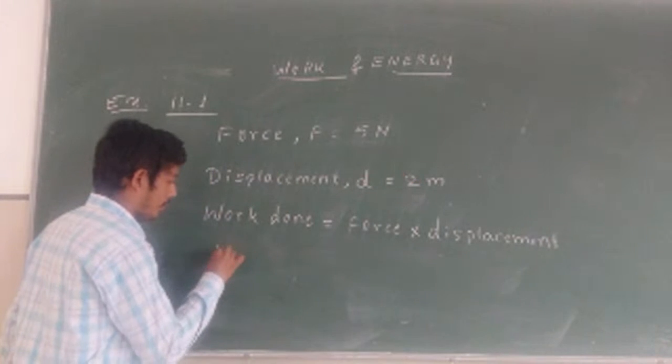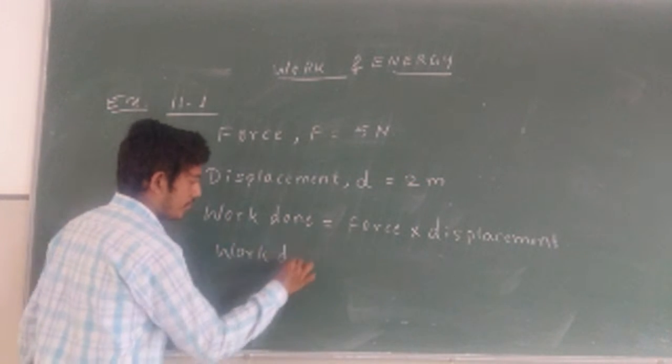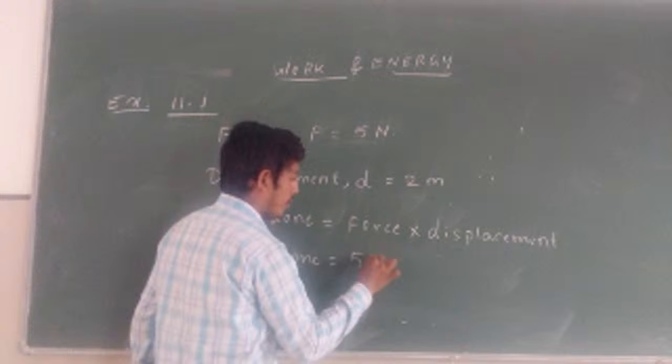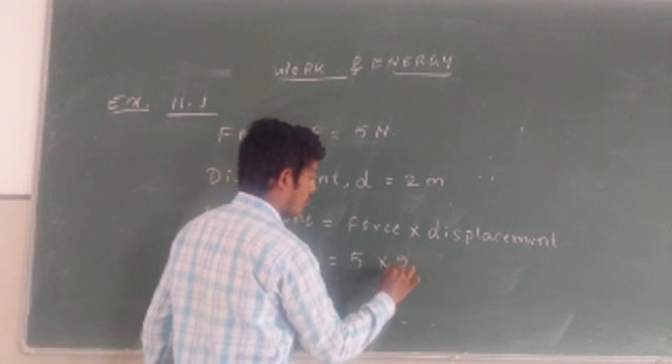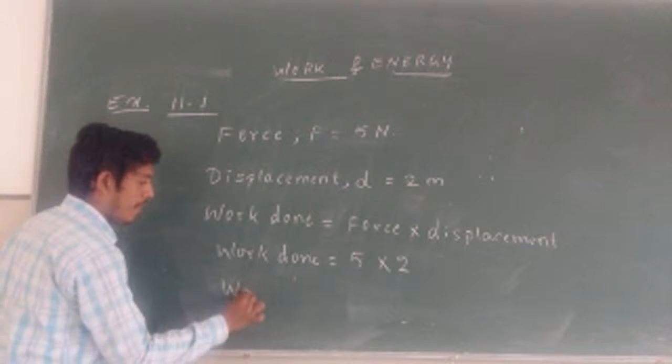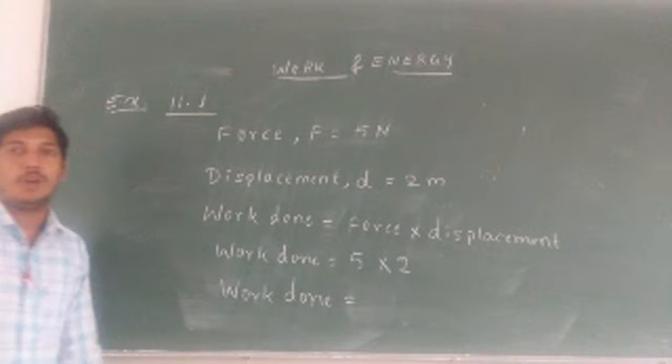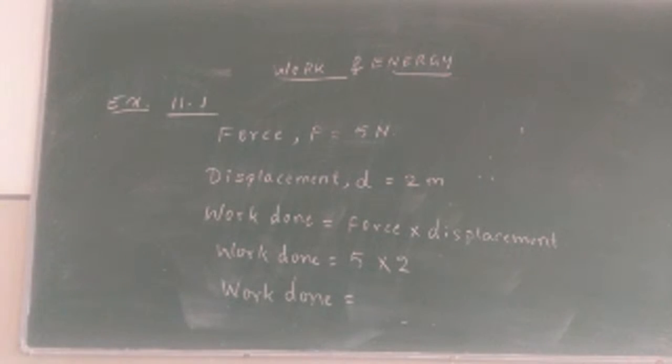So work done becomes force, which is 5 Newton, into displacement, which is 2 meter. Now comment what is the total amount of work done in this example along with the unit. Comment me the total work done along with the unit. Fast.